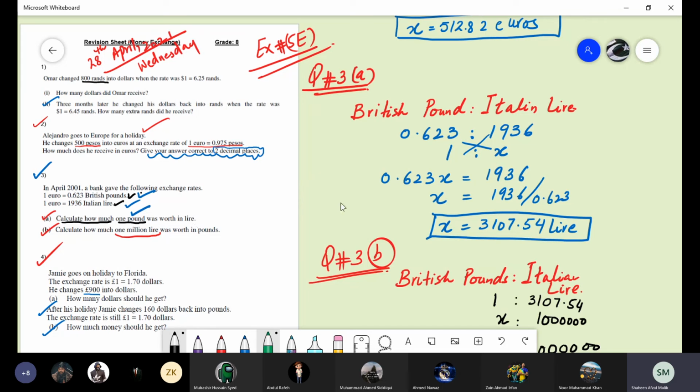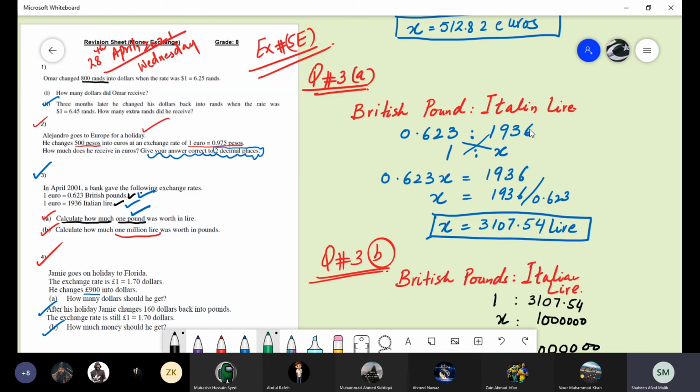So we find how much 1 pound is equal to, because 0.623 British pounds is equal to 1936 lira. You can see here the currency. €1 is equal to this much British pound, and at the same time €1 is equal to this much Italian lira.